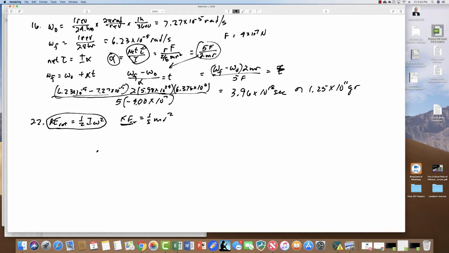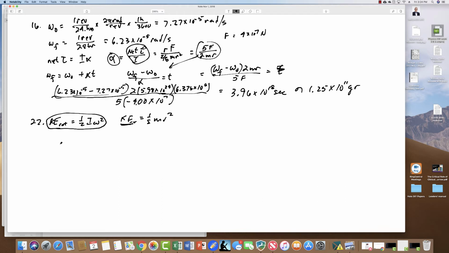Let me say that again. When it says that it rolls, we're talking about rotational energy. It says it doesn't slip, so it doesn't lose energy. It has both rotational energy and translational energy.